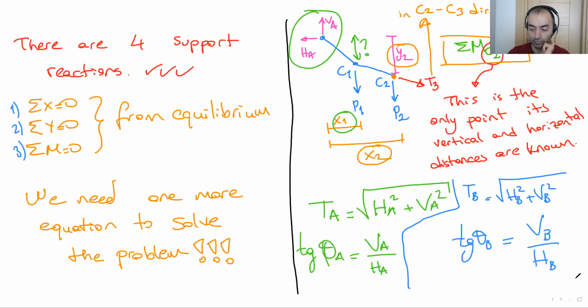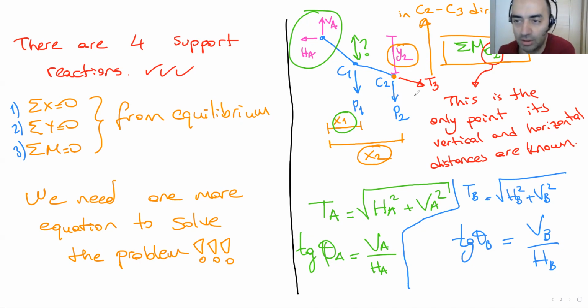Now, we know HA, VA. So with this equation, for example, with this total MC2, what we did, we firstly calculated support reactions.